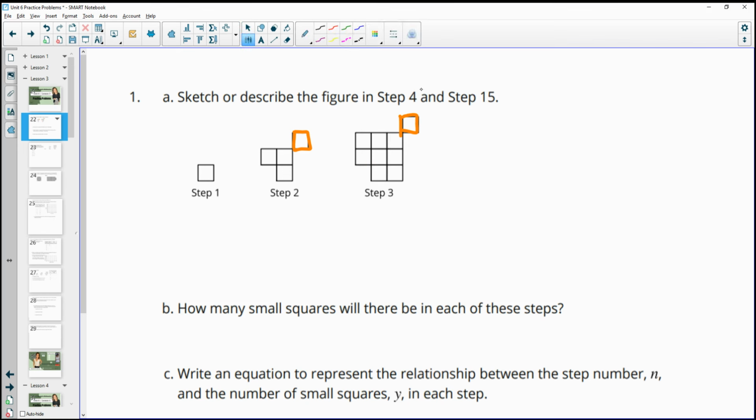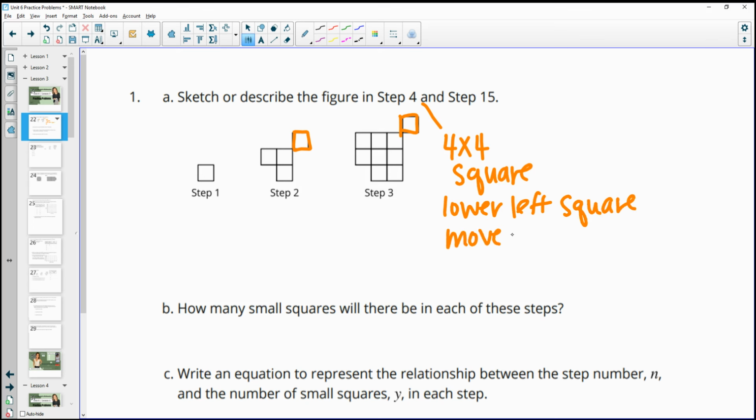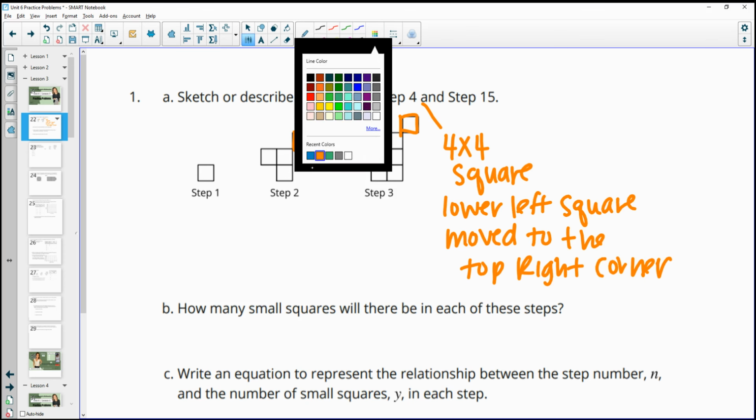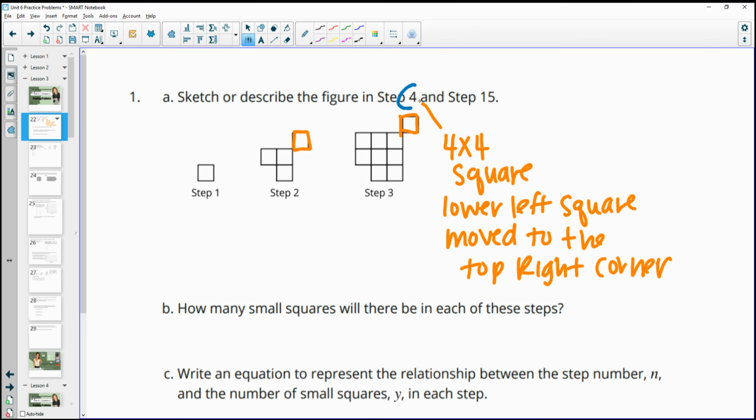So for step 4, if you wanted to write it in words, we're going to have a 4 by 4 square, and the lower left square will be moved to the top right corner.